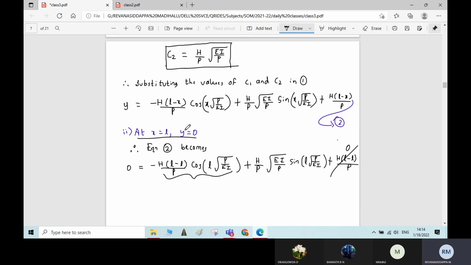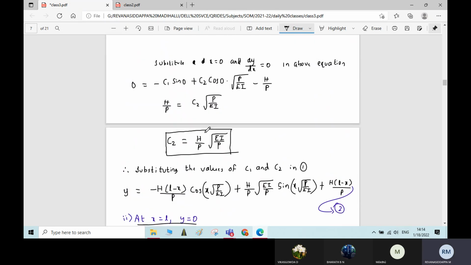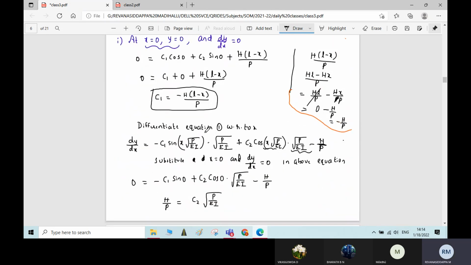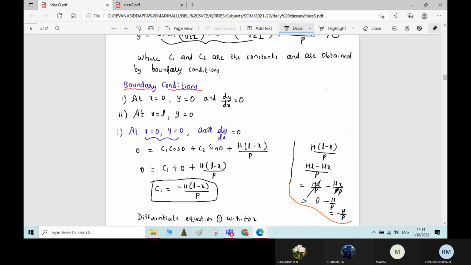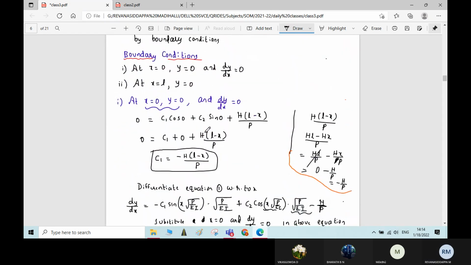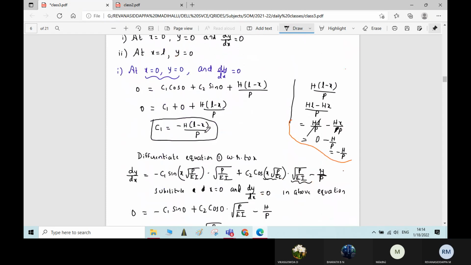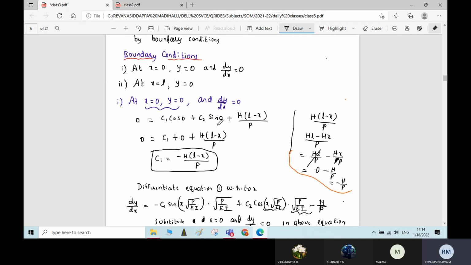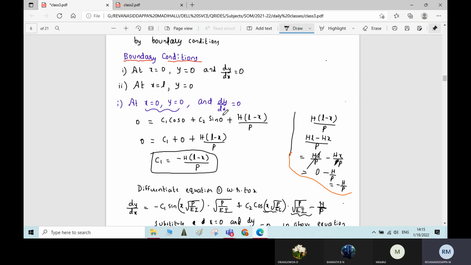At x equal to L, equation 2 will be... C1 value is how much? Minus h into L minus... just a minute. Here I got the value of C1 as minus h by P into L, let me check it.